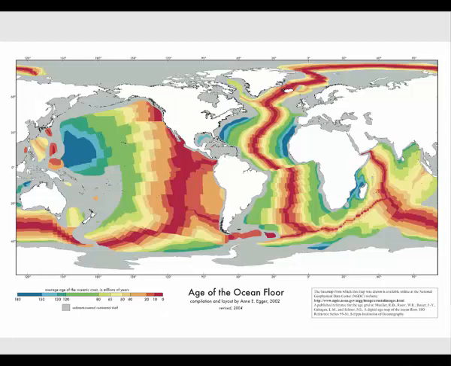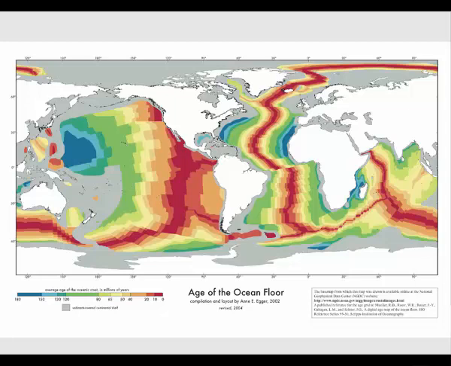And this is something that indicated to scientists that perhaps these mid-ocean ridges were actually sources of new material, and that new lithosphere was being created in these locations, and then it also must be disappearing in other locations.